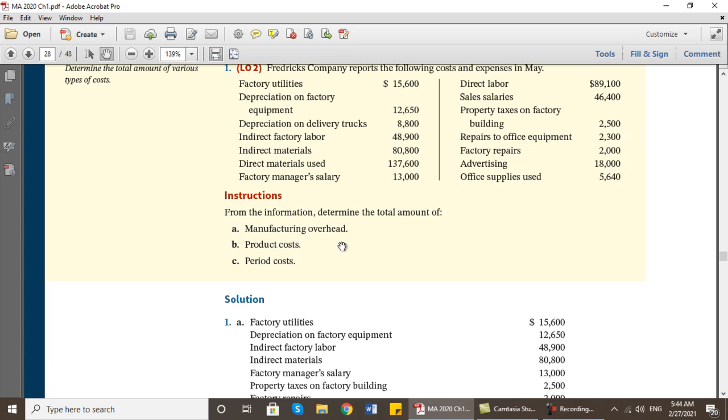Manufacturing overhead. First, factory utilities considered from manufacturing overhead. Also, depreciation on factory equipment plus indirect factory labor plus indirect material.